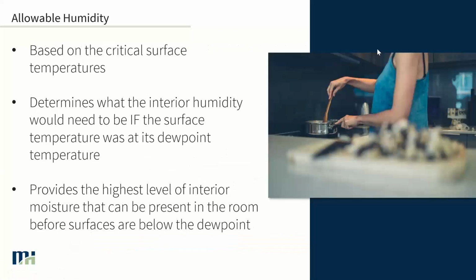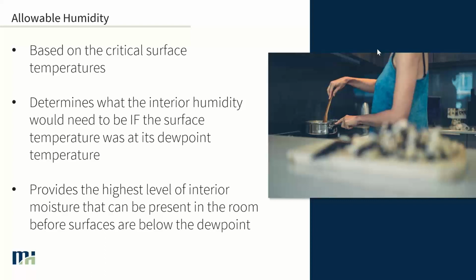And then the last thing we want to take a look at, and this is something I like using, is the allowable interior humidity. Often if you're a manufacturer, supplier, building envelope consultant, or architect, you may not be the one looking at what the realistic humidities are on the interior.